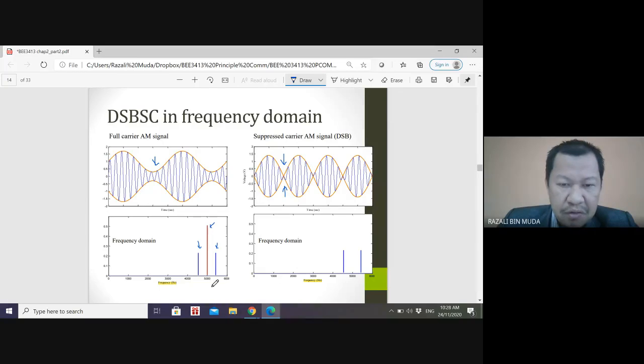Three components of the AM signal. The example is the carrier is around 5 kilohertz.